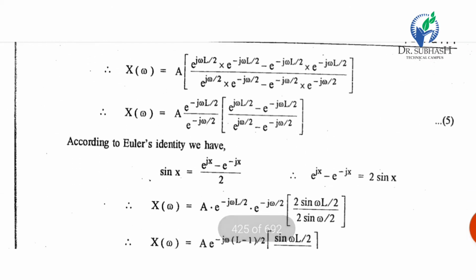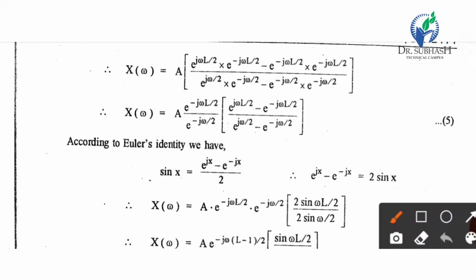After putting these, we get X of omega equal to a times, in brackets, e raised to j omega L by 2 multiplied by e raised to minus j omega L by 2 minus e raised to minus j omega L by 2 multiplied by e raised to minus j omega L by 2. In the denominator, e raised to j omega by 2 multiplied by e raised to minus j omega by 2 minus e raised to minus j omega by 2 multiplied by e raised to minus j omega by 2.